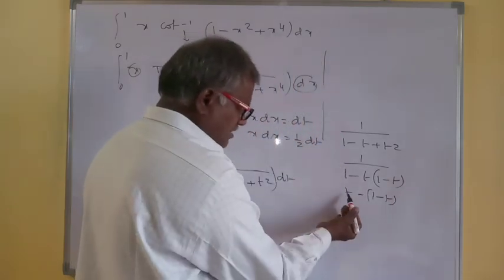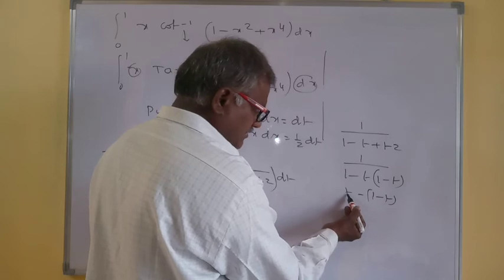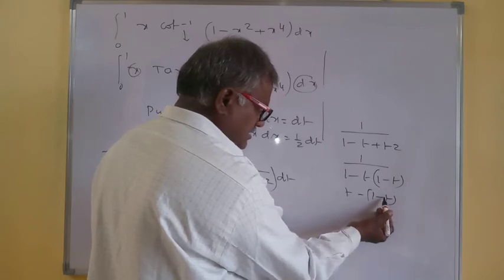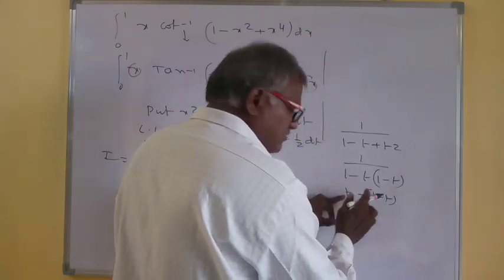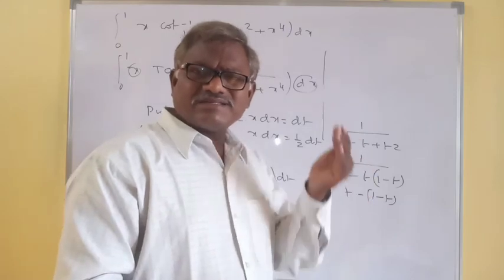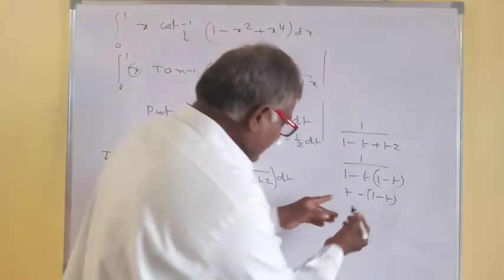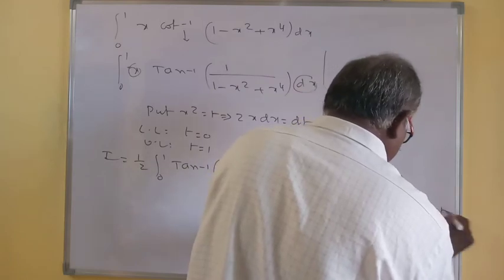If you simplify, t minus 1 plus t, but that is not right, because the numerator is 1.